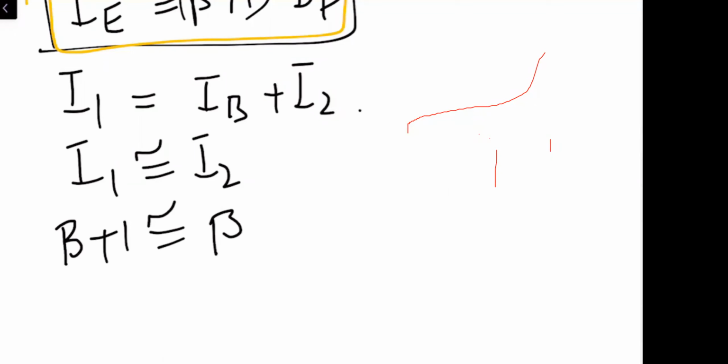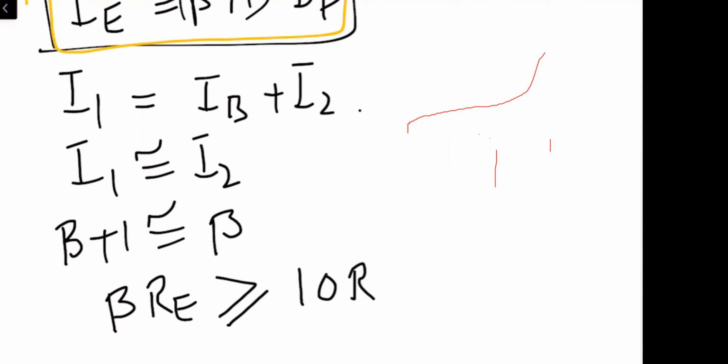So what we say is that if beta times RE is greater than or equal to 10 times R2, then we should be able to use the approximate method, right? If this is that much, this means that the base current which is flowing over here is very, very negligible.